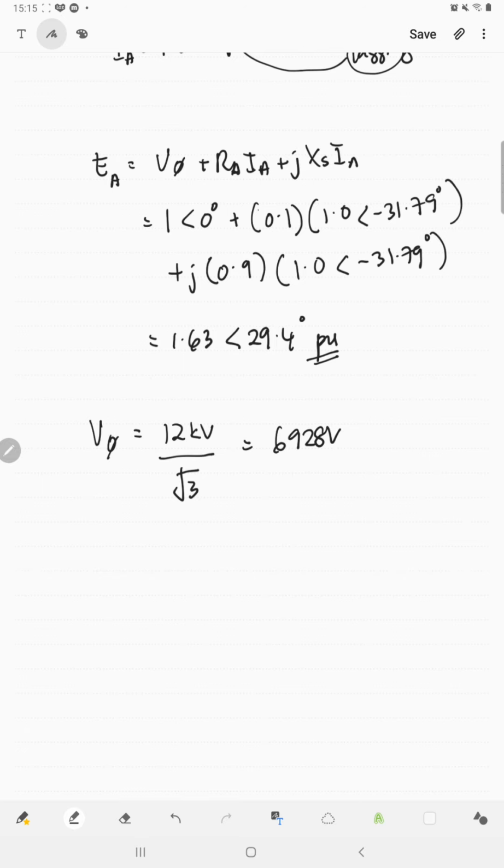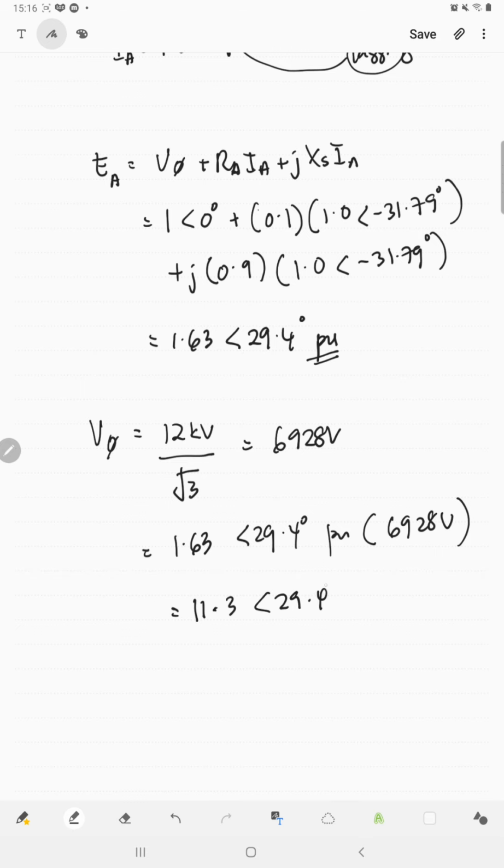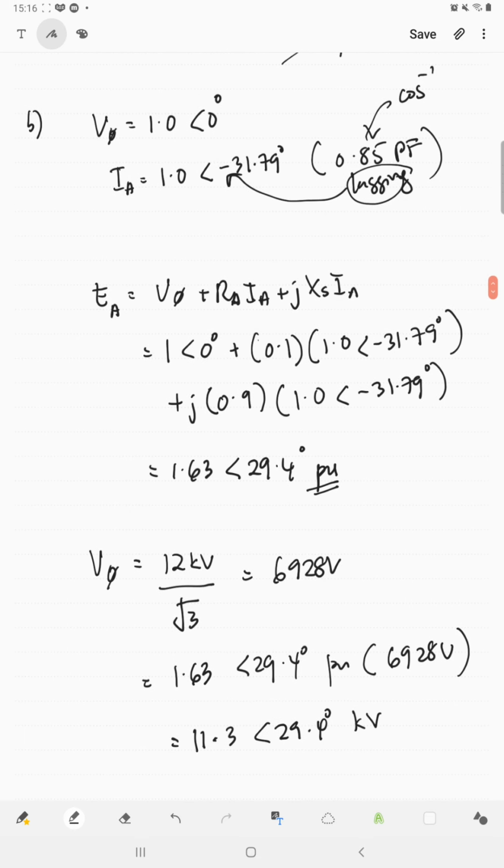The internal generated voltage is simply 1.63 at 29.4 degrees per unit times 6928 volts. This is 11.3 kilovolts at 29.4 degrees.